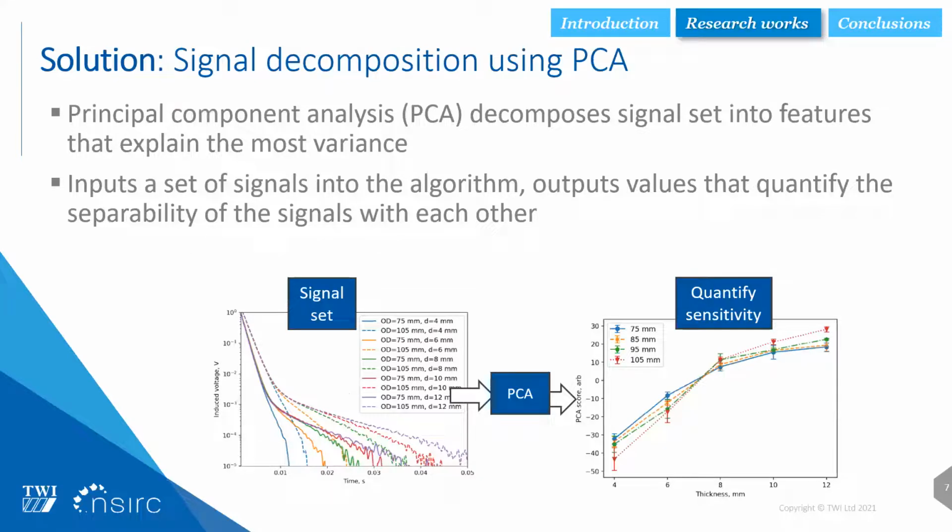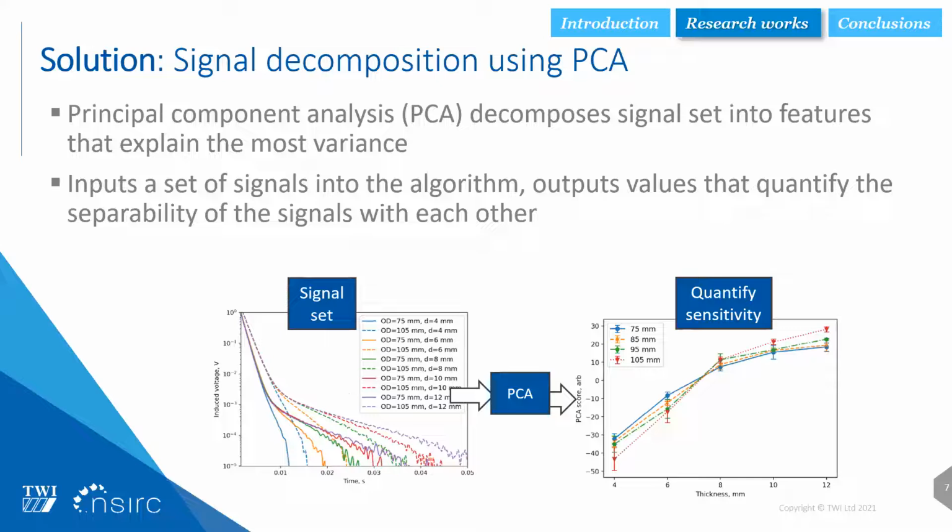So we propose a solution to this by using a signal decomposition method, which is a technique called PCA. PCA, or principal component analysis, decomposes a signal set into features that explain the most variance.